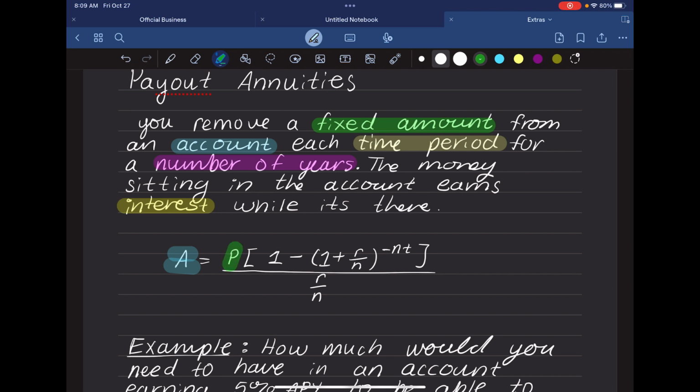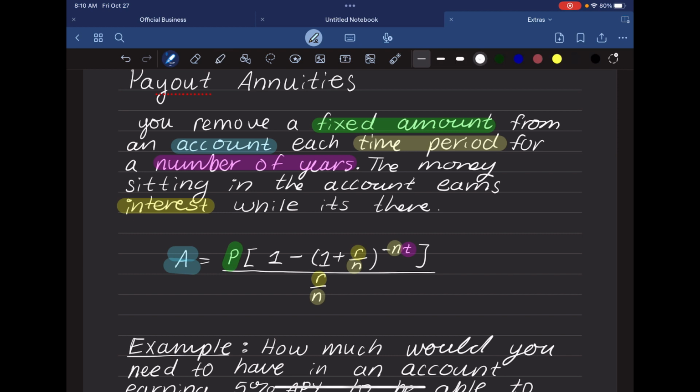And then we have 1 minus 1 plus R, where R is going to be the interest rate. N is going to be the number of time periods. So we have R and N showing up together. And then T is going to be the number of years that this is happening for.